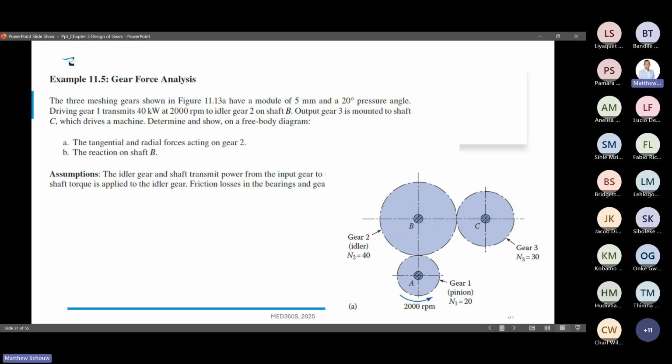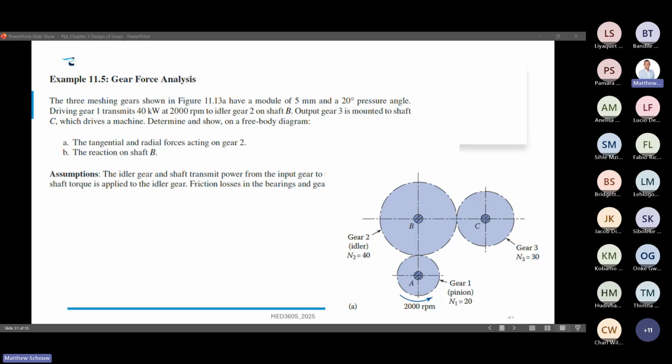And then what I was going to share something with you as well. They also want the reaction on shaft B, which is basically on that. What is important here is the assumption: the idler gear and shaft transmit torque from the input gear to the output. I'm missing some text there, let me get the proper text.